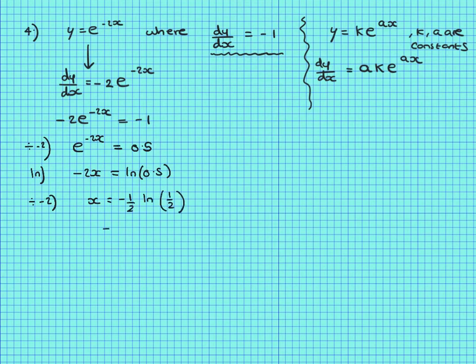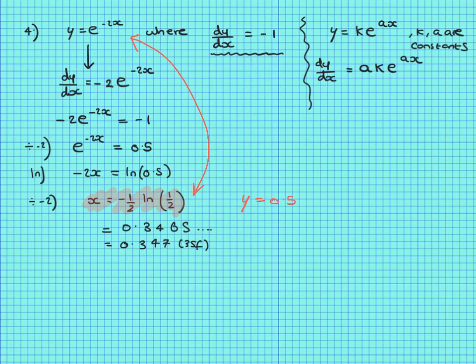And if you work that out on a calculator, that gives you an x value of 0.3465, etc. So 0.347 to 3SF. Now take your exact value of x and substitute that back into the original equation, which will give you a value for y of 0.5.